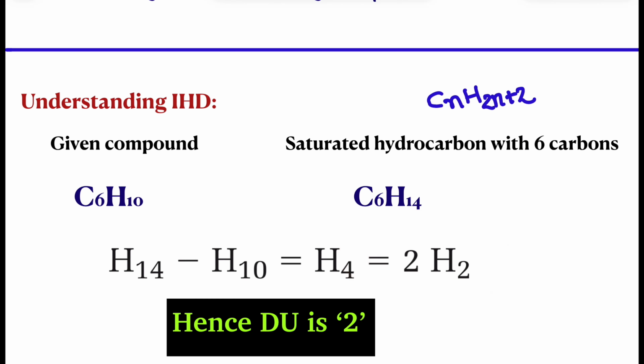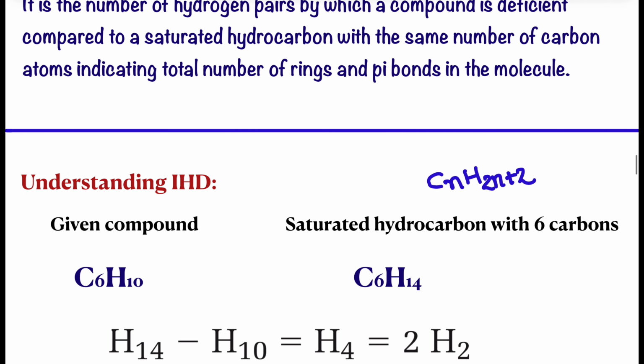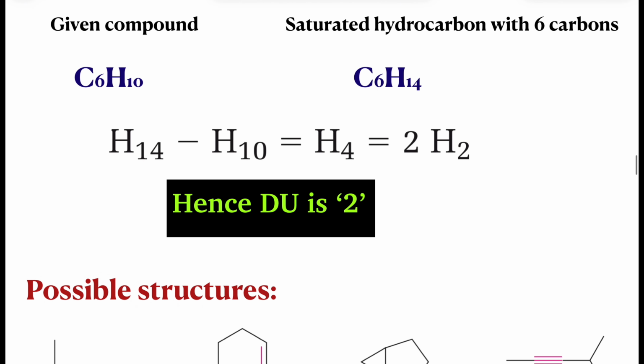That number is called degree of unsaturation, and this degree of unsaturation indicates the total number of rings and the total number of pi bonds. Each pi bond indicates 1 degree of unsaturation. Each ring also indicates 1 degree of unsaturation.